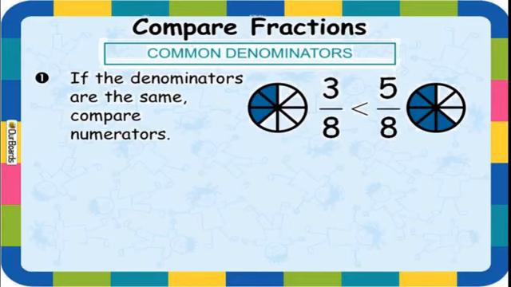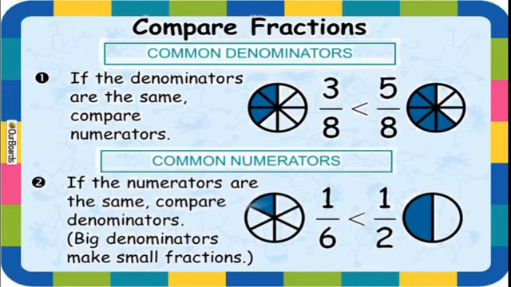Correct? Okay. If the numerators are the same and the denominators are different, then we know the formula: lesser is the denominator, greater is the fraction. See the picture. First one is 1 upon 6, which means a circle is divided into 6 equal parts and one part is chosen.